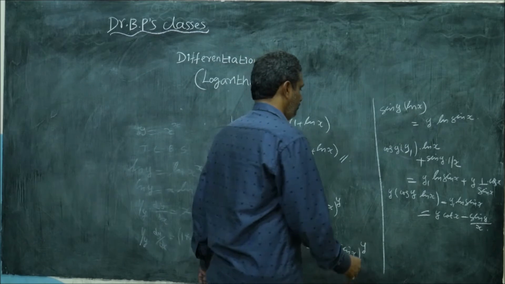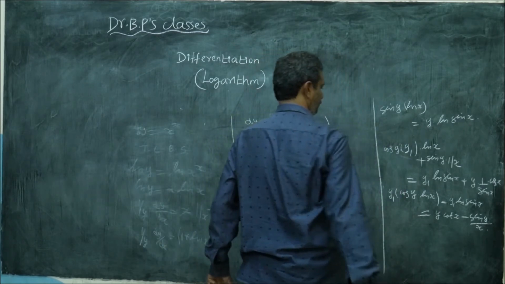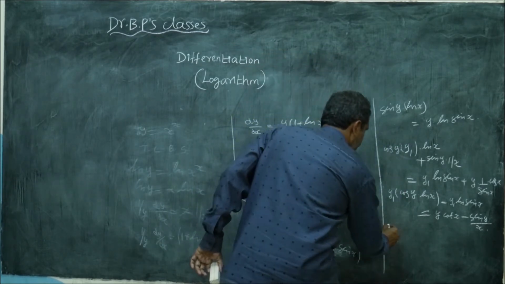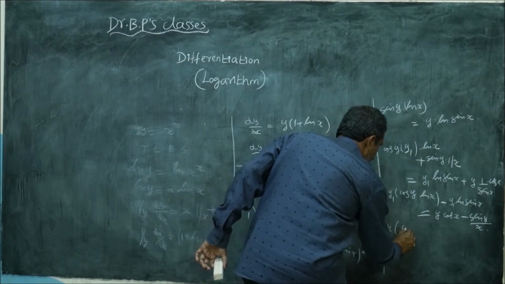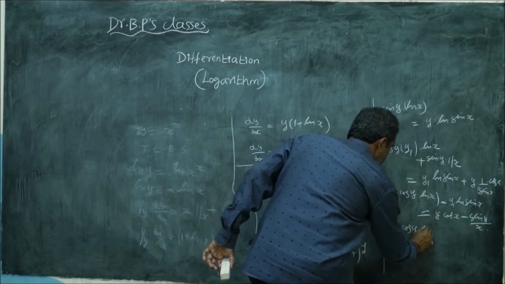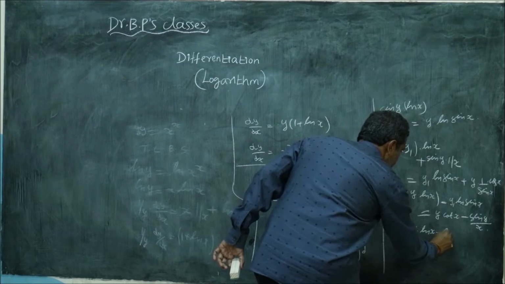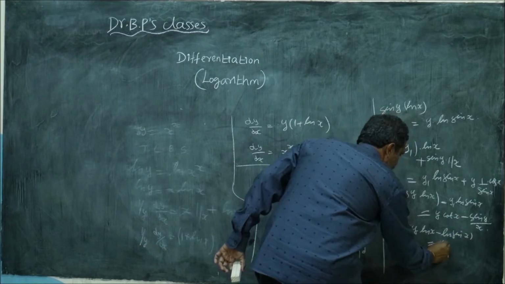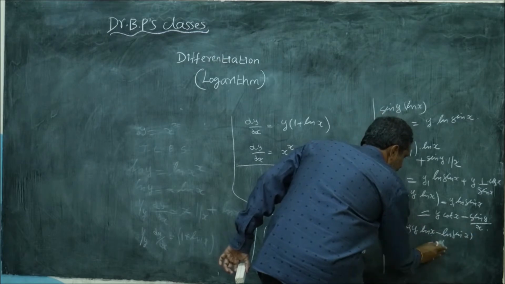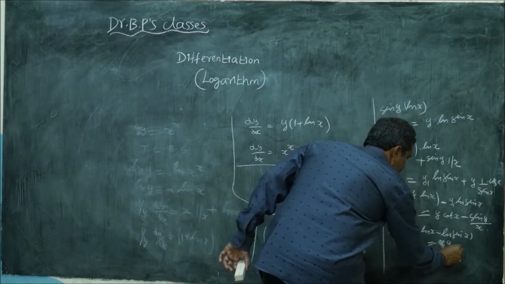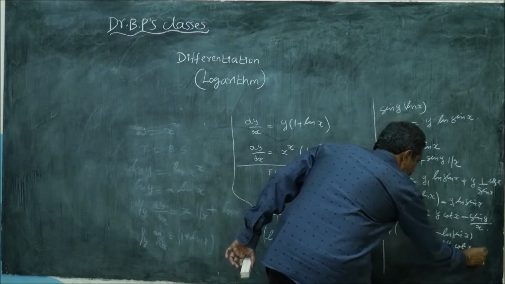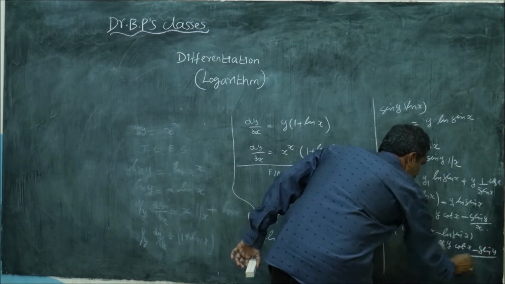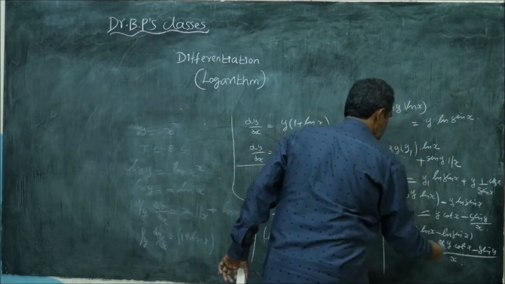Now what will I do? My aim is to take y1 common. If I take y1 common, I get y1 times cos y log x minus log sin x is equal to y cot x minus sin y by x. If you want, you can take x also, the LCM: xy cot x minus sin y by x. Now this term you can bring down.